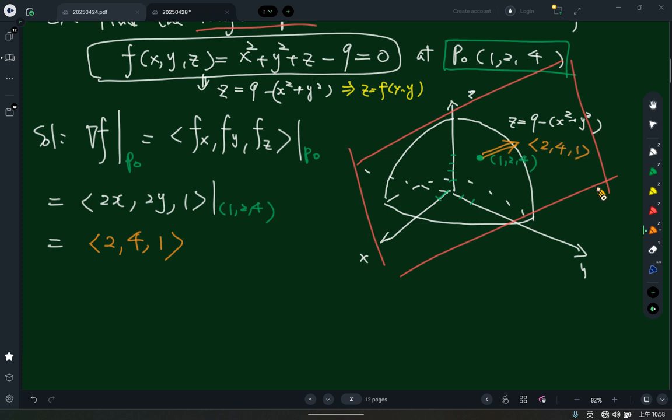So when we want to construct the tangent plane, think about it: any point x, y, z on this plane.